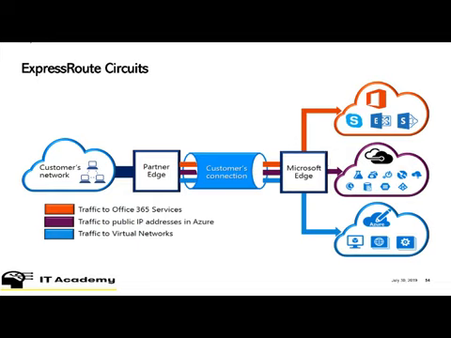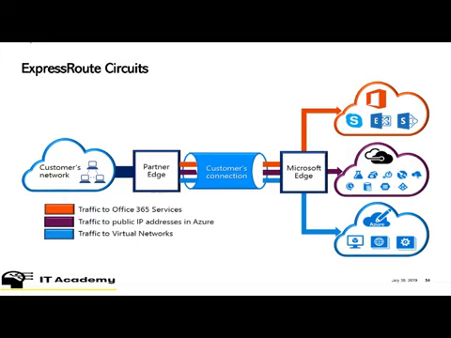The network service provider will use layer 2 encapsulation to make sure that traffic flows only across their circuits into Azure. It uses a private connection, so at no point in time is our information going out over the public internet. We're using the circuits provided by our network provider.